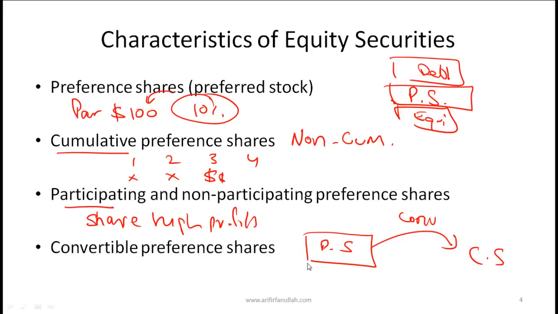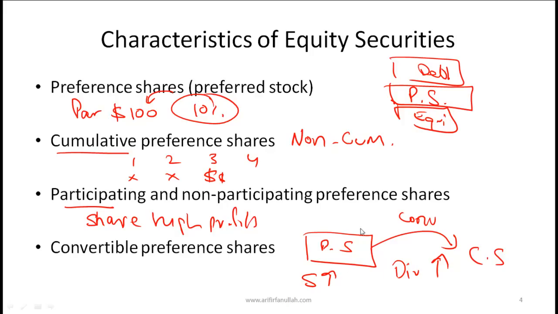Typically the dividends on preference shares are higher relative to non-convertible shares, and the conversion option becomes more and more valuable as the share price goes up. As you might imagine, preference shares have less risk than common shares because the dividend is stable.